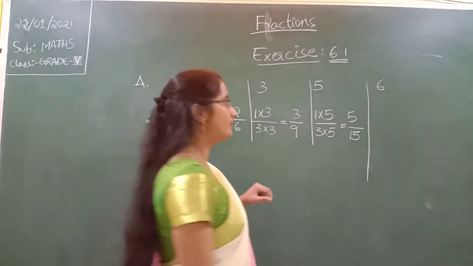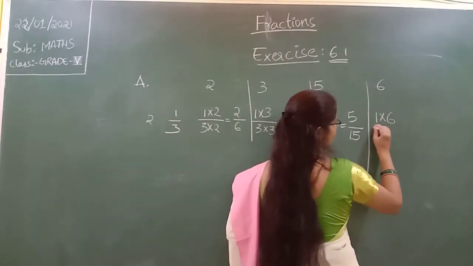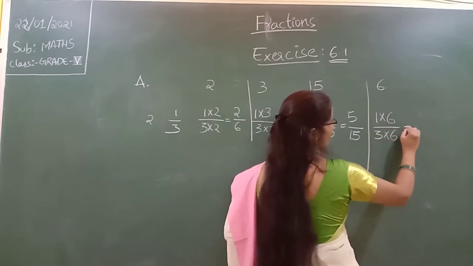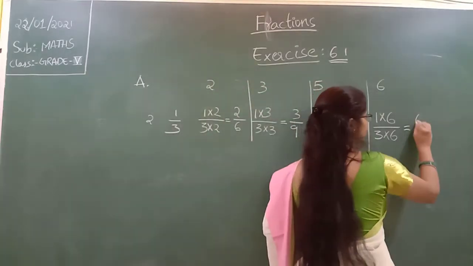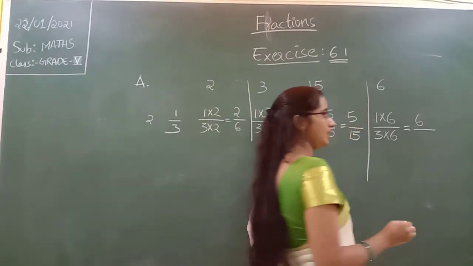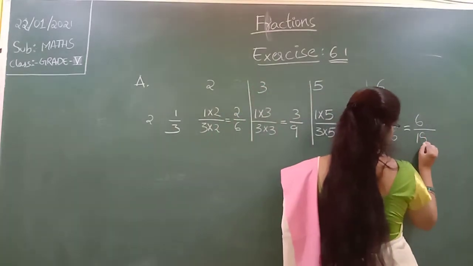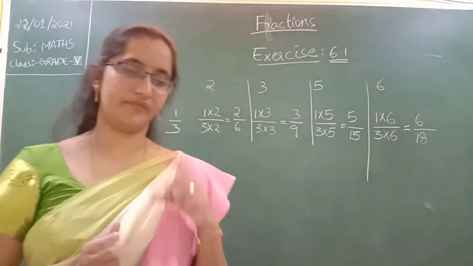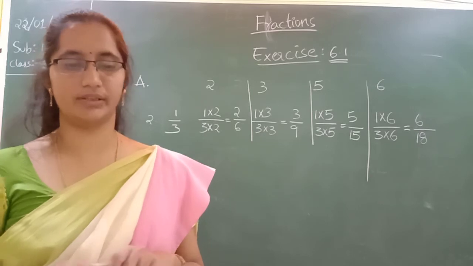Next, multiply with 6. 1 into 6 by 3 into 6. 1 into 6 is 6, and 6 into 3 is 18. The remaining two, the first one 1 by 2 and the third one 2 by 3, are for homework.